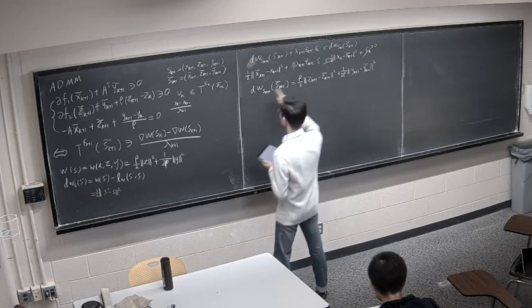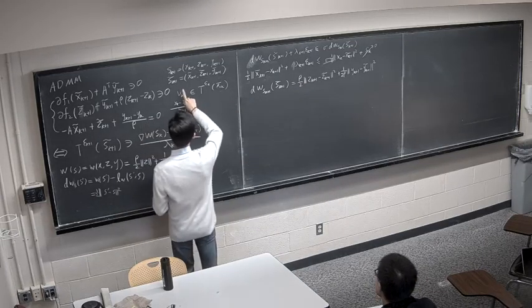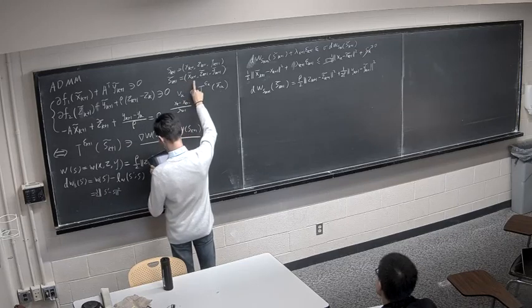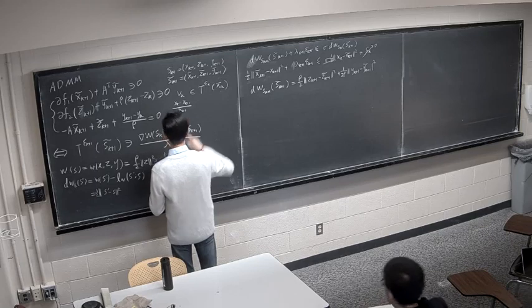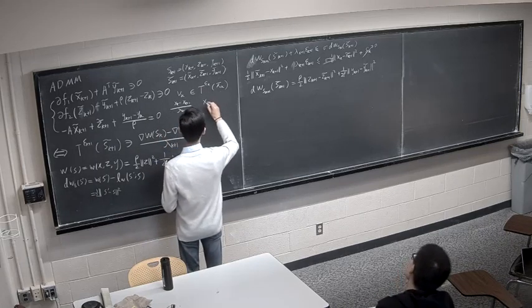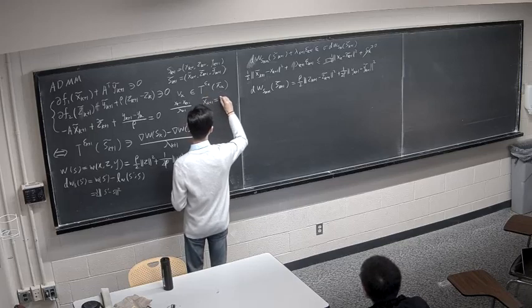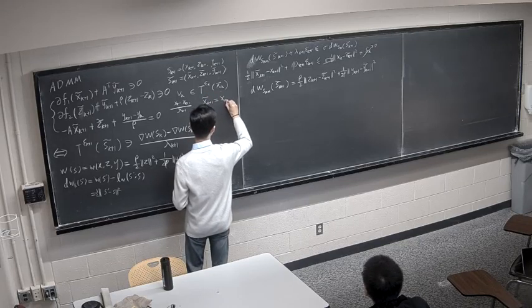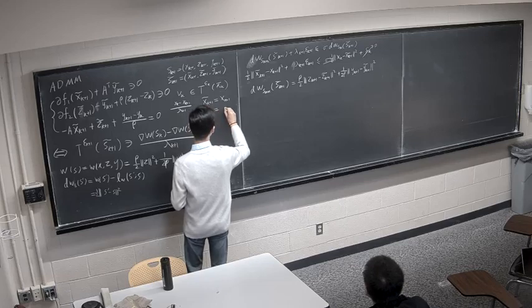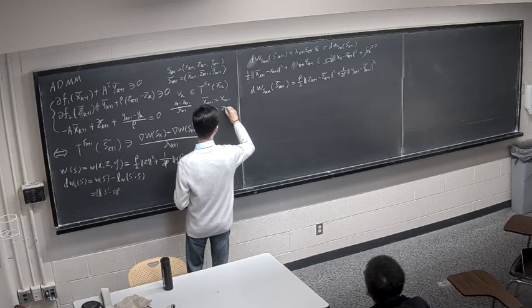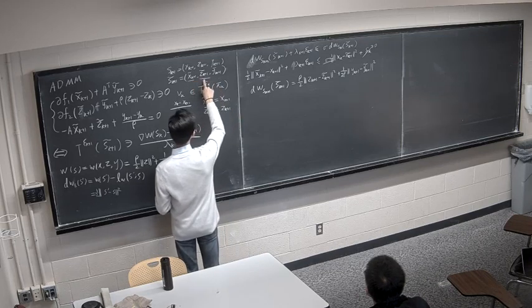Okay, and because we actually set x tilde_{k+1} to be x_{k+1} and z tilde_{k+1} to be z_{k+1}. This is how we set these two primal variables.